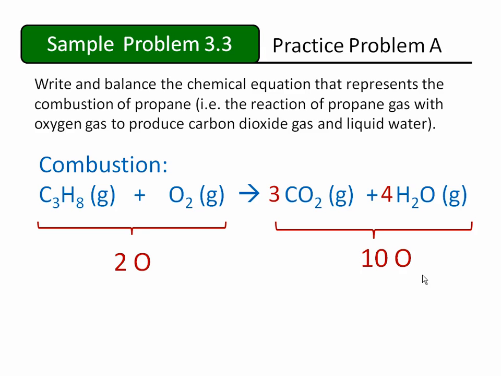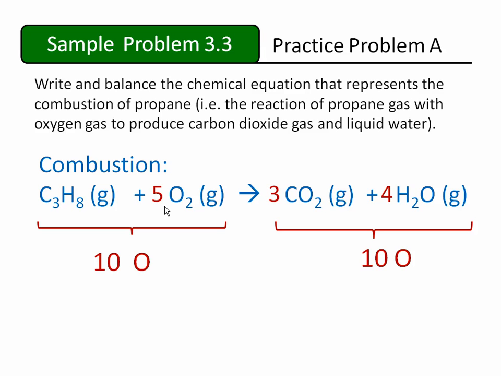So when we balance the oxygen this time, we'll need a coefficient in front of the oxygen, the O2, in the reactants that will ultimately yield 10 oxygen atoms. Placing a 5 in front of the O2 will do just that for us, giving us 10 total oxygen atoms on the reactant side.